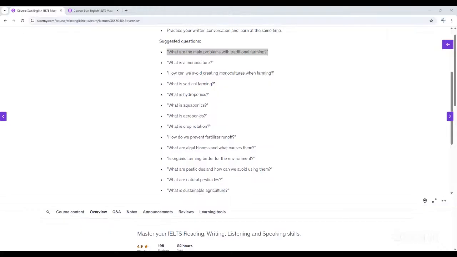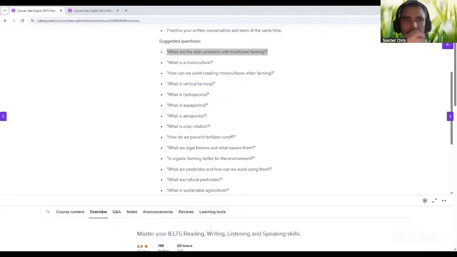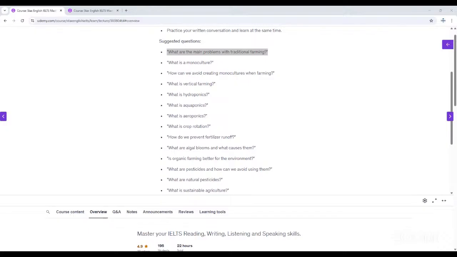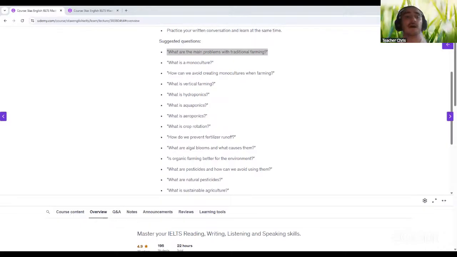Yeah. So it was so harmful for our health. When we eat the vegetables, the chemical affects our health. So what you're talking about are pesticides.